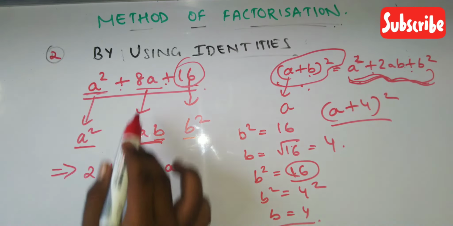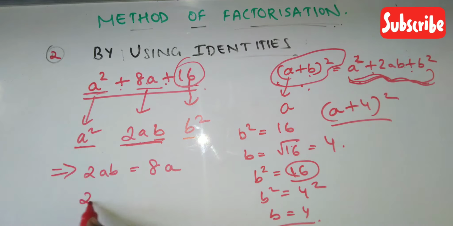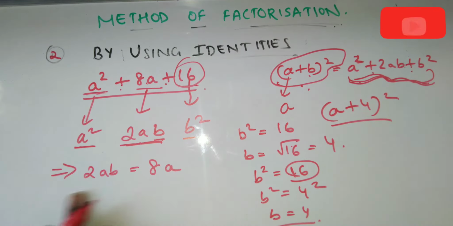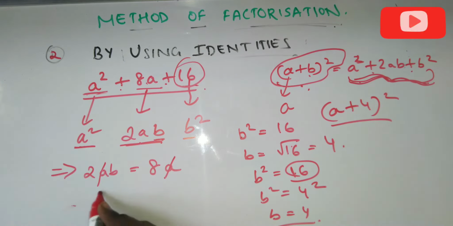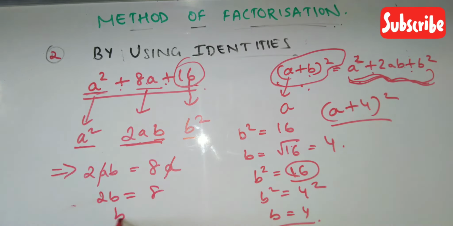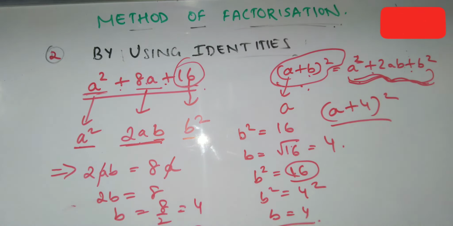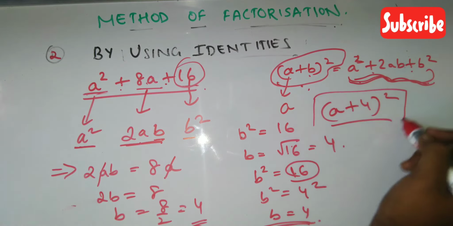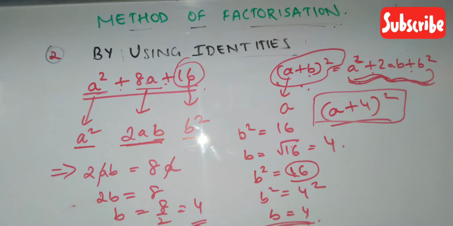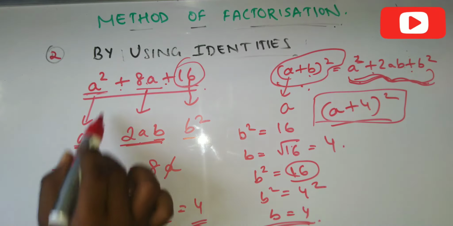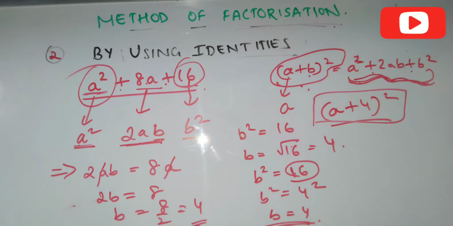Here a gets cancelled, so 2b is equal to 8. What is b here? 8 by 2, that is also 4. So in this case also we got 4, and here also 4. Now you can directly write this as this term. There are various ways to find b.